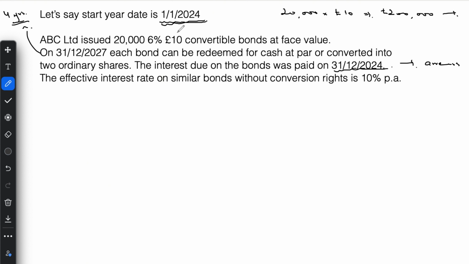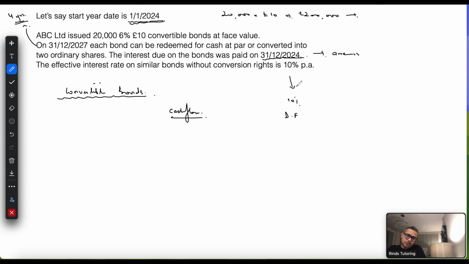So let's see how we are going to solve this question. Give it a heading, convertible bonds. After giving convertible bonds, bring in the cash flows, bring in the discount factor, it's 10%, and then you have your present value.